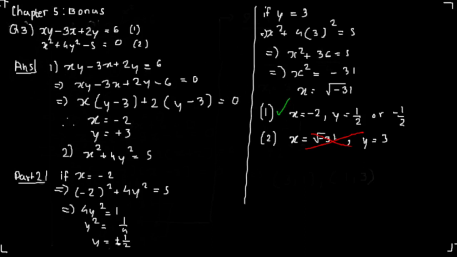So what we would do here is we just write down as the answer that the coordinates are minus 2, 1 by 2, or minus 2, minus 1 by 2.